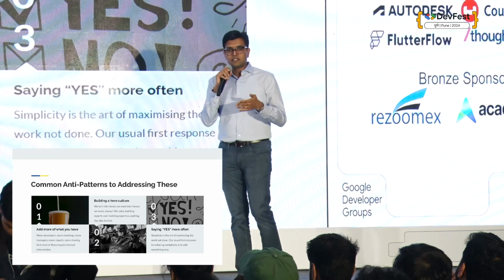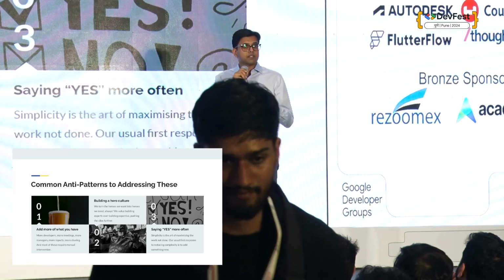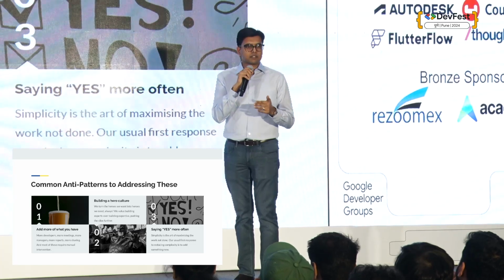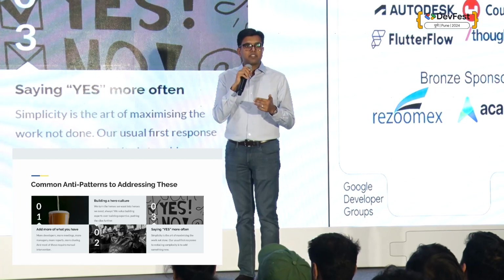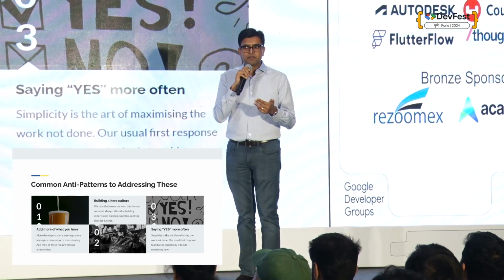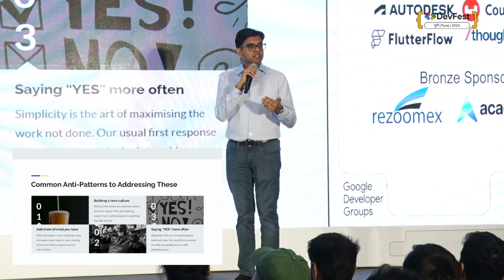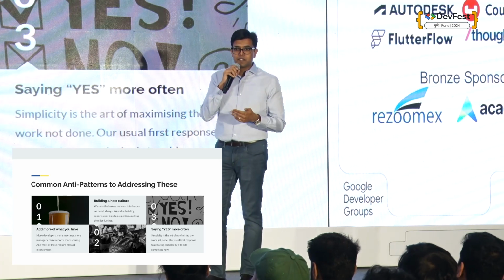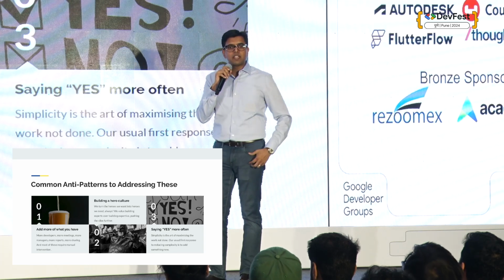And finally, we are all yes people. Whether we like it or not, saying no is difficult. What happens when we say yes? We get more of what we want. So take a very easy example of saying yes.